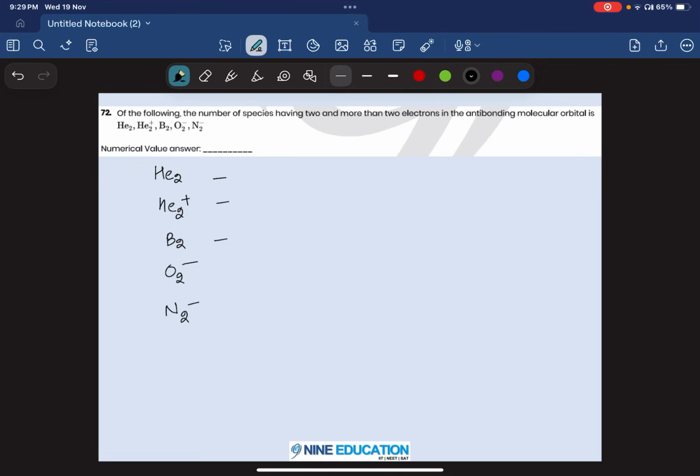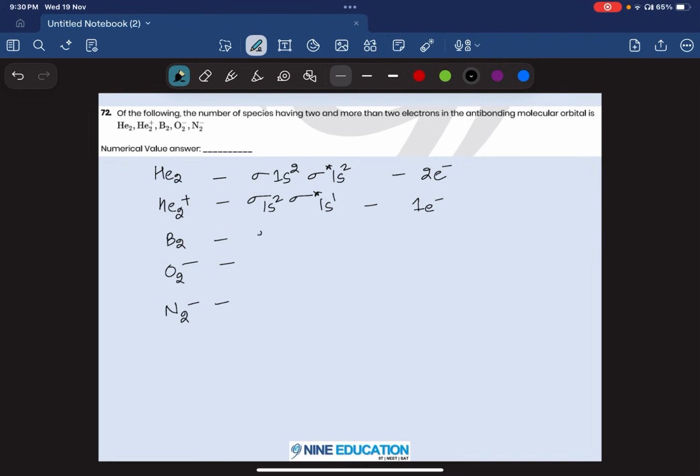For helium 2 plus, it is sigma 1s2, sigma star 1s1. So it has only 1 electron in the anti-bonding molecular orbital.